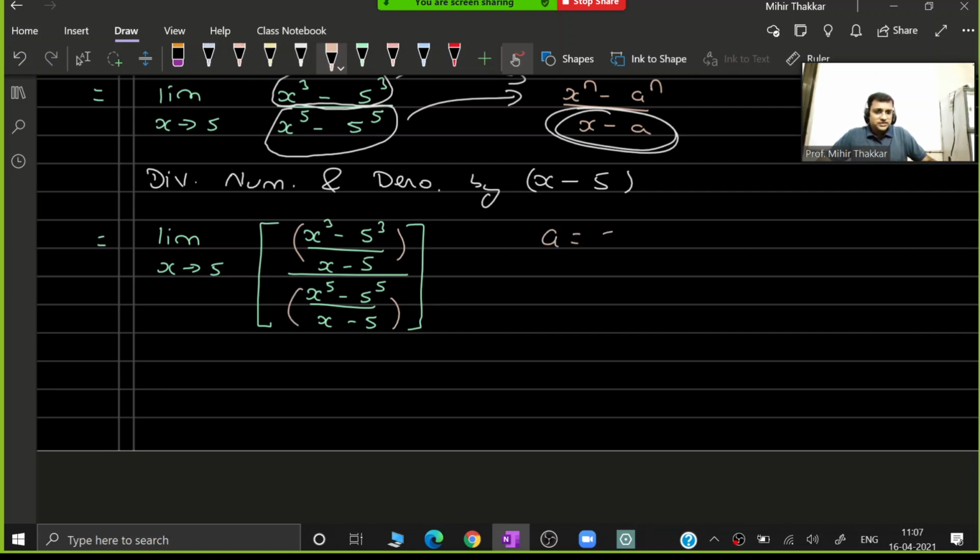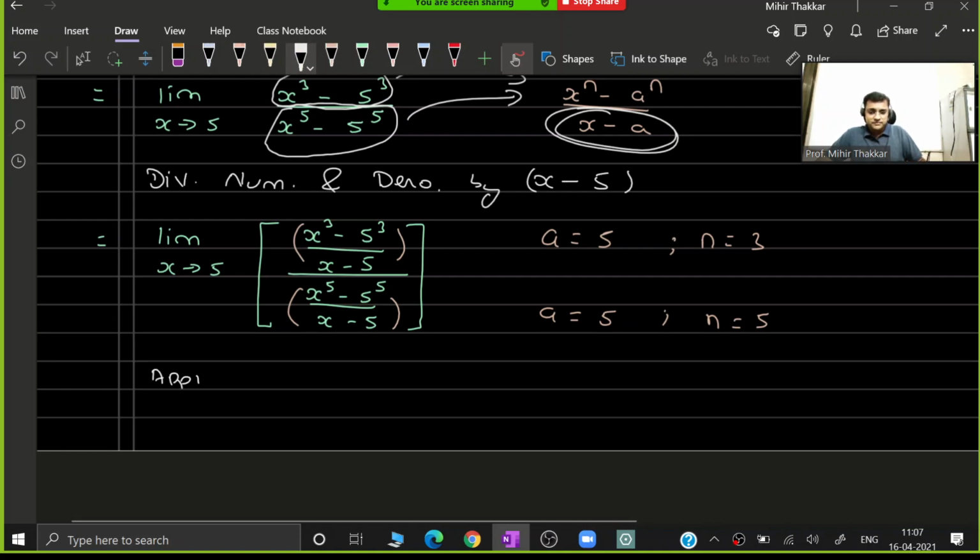In both the cases, a is 5, but n has got different values. Numerator, the power value is 3, therefore n is 3. Denominator, the power value is 5, therefore n is 5. So guys, when you apply limit in this sum, what do you get?